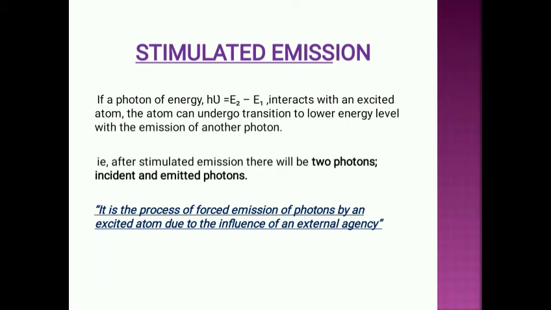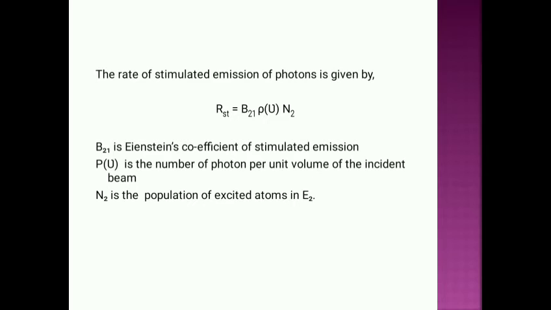So here, a photon is forcing the excited atom to undergo a transition to the lower energy level. So it is the process of forced emission of photons by an excited atom due to the influence of an external agency. That is, the photon which is forcing the excited atom acts as the external agency.